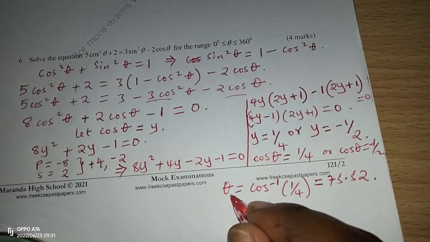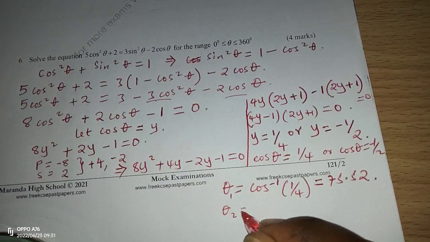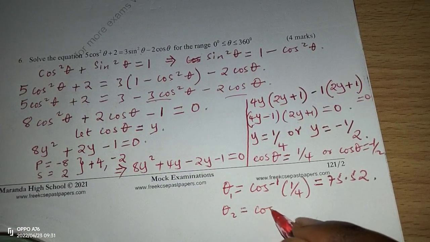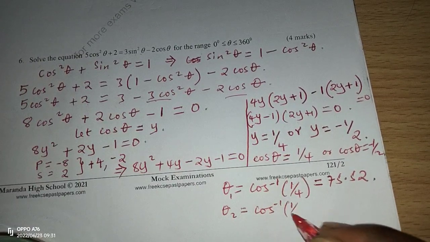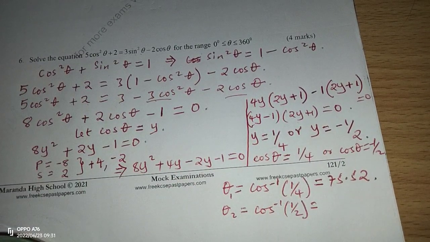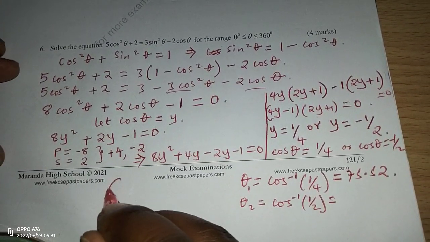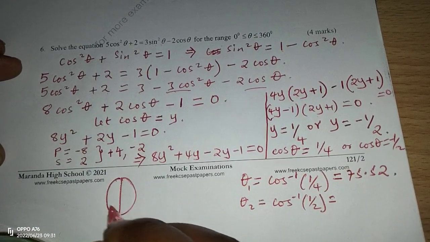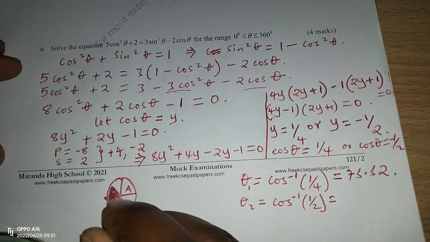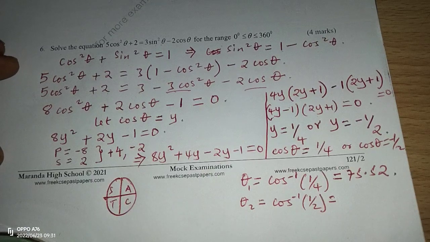And also theta 2 can be the cosine inverse of negative half. Though it's negative, we first of all get cos inverse of half, which is 60. But now we want 60 where cosines are negative. And according to the unit circle, we have cosines being negative in the second and in the third quadrant.